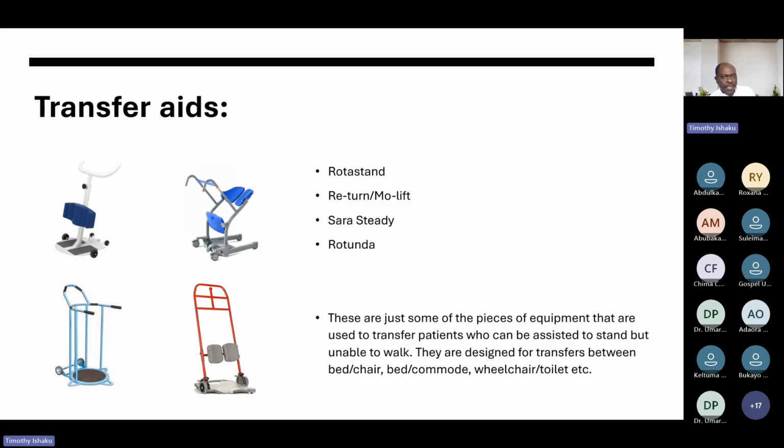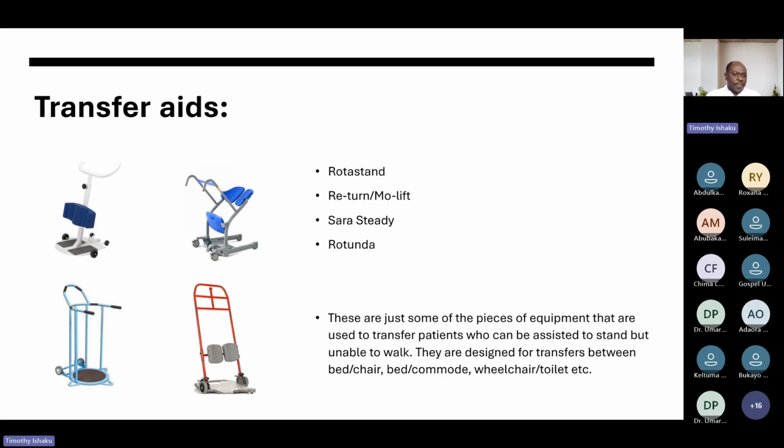The second blue one with the dot, which we considered earlier on, is called the Sara Steady. It's also used for transfer. The third one is the Rotunda, the one in the box. And the fourth one, the red one, is the Return or Molift or patient turner, which we also talked about.